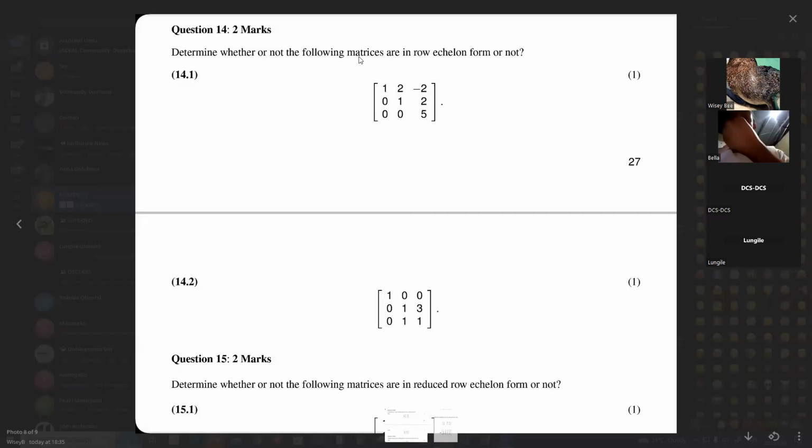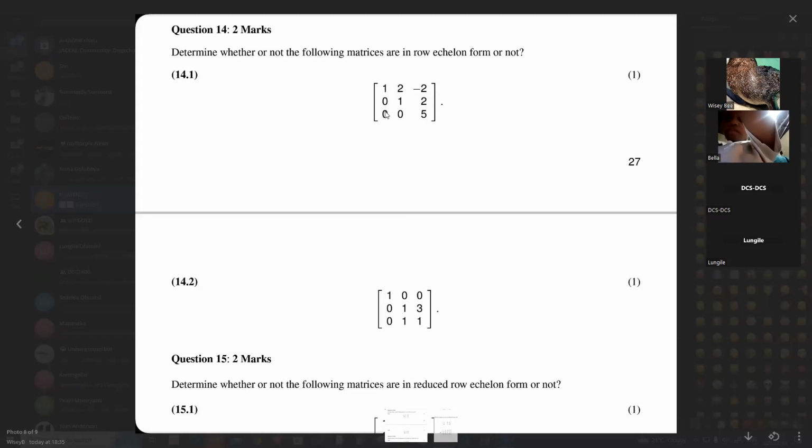Determine whether or not the following matrices are in row echelon form. And the next one says determine whether or not the following matrices are in reduced row echelon form. With row echelon, you look at the first row and highlight the first number. That first number will be your pivot point. Then below that pivot point, do you have zeros?